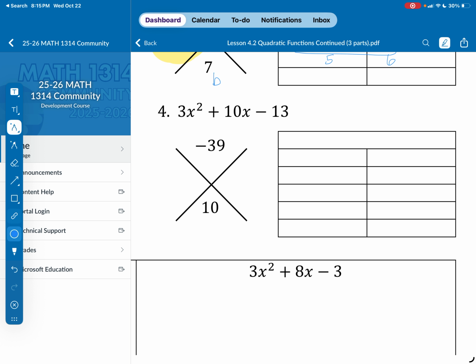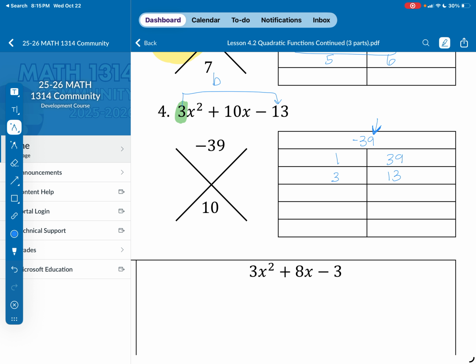So again, my leading coefficient is not 1. So I'm going to take 3 times negative 13 and I get negative 39. So my factors are 1 and 39. 2 doesn't go, 3 and 13. And I think that's actually all. But I do know that because this number is negative, one of my factors has to be negative.